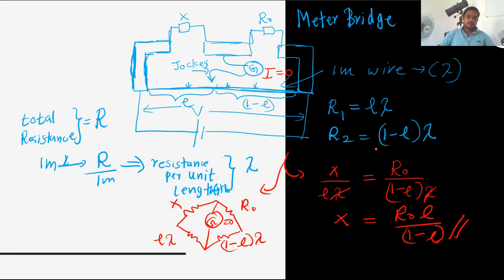Then we have something called the potentiometer. It is the next application, and it is also something like this. It has a wire, and the length of the potentiometer does not have to be 1 meter.